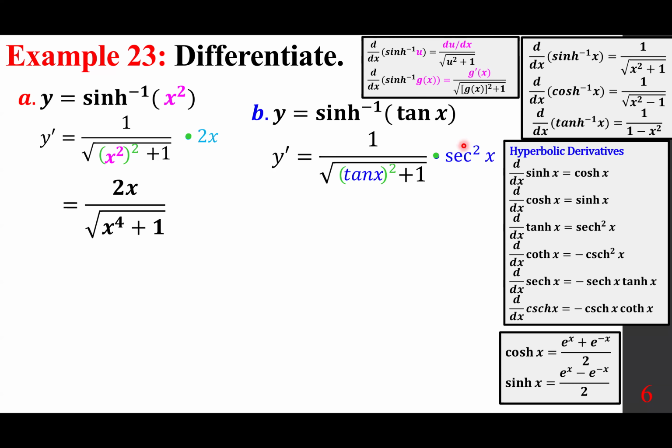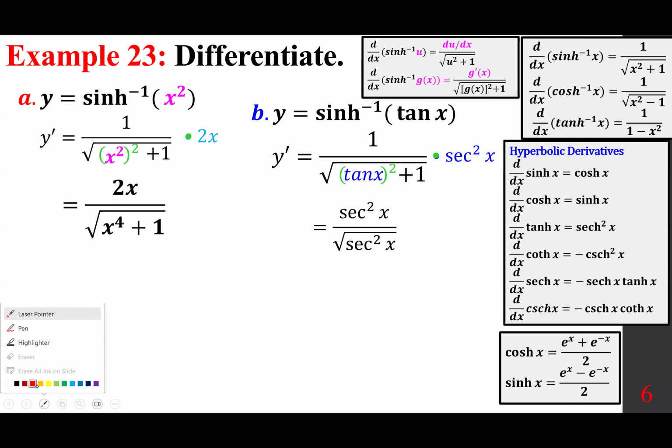And finally, we just rewrite it. This is secant squared over the square root of tan squared plus 1. Tan squared plus 1 under the radical is secant squared, everybody. As you know, the square root of secant squared is really the absolute value of secant x.